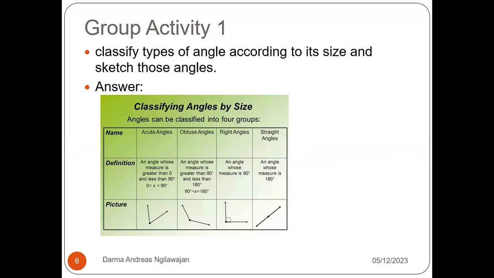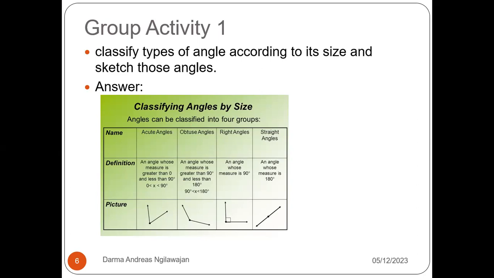Ibu Yanti udah kasih ini belum buat kalian? Not yet, Pak. Not yet. So this is a group activity. Let's say group activity 1.